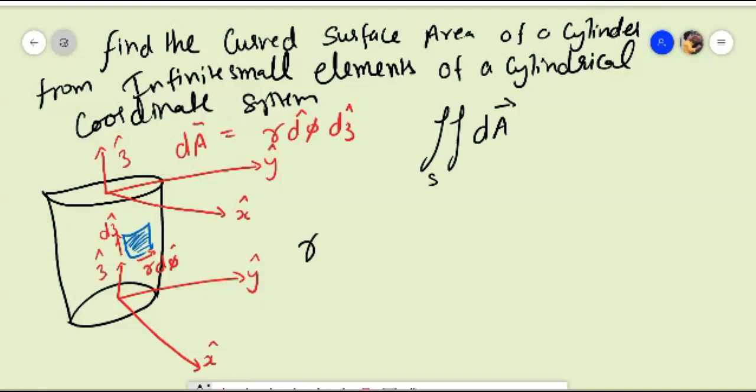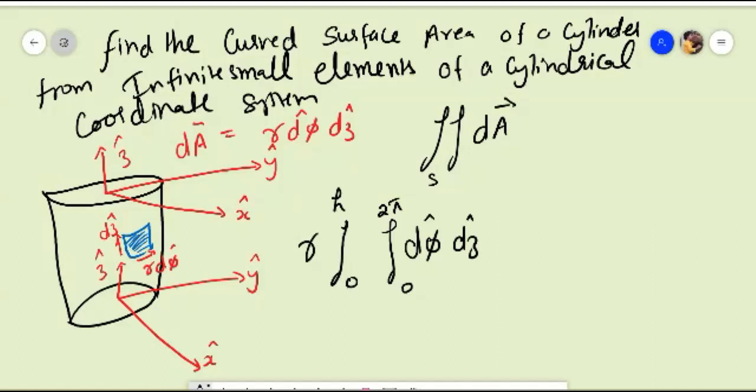r multiplied by the integration 0 to the height h, and the second integral we can take the limit 0 to 2 pi, because the point is moving in the two directions, the vertical direction also and the curved direction also, and then we can just take this integral of d phi multiplied by dz cap.